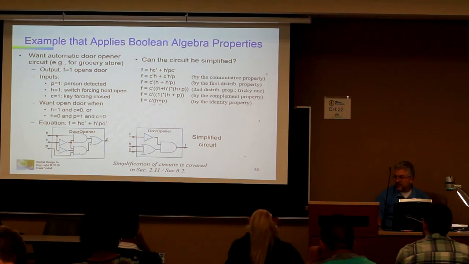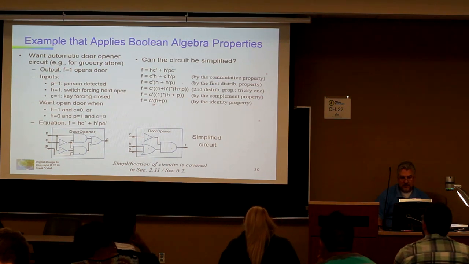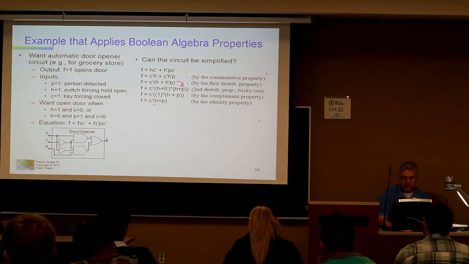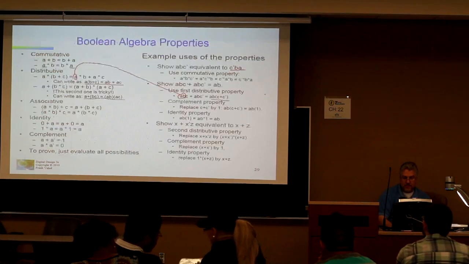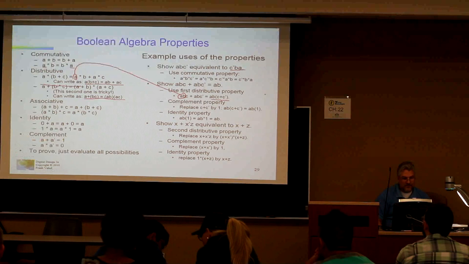Yes, sir? Right, so the question that we had is like, you see the fourth step, the one that says the tricky one, I guess, how exactly do you divide that? Now let's go back and look at the distributive property, right? So you ended up with 3. So the distributive property says, and they said the second, the tricky one.